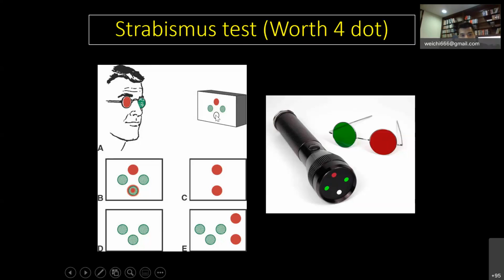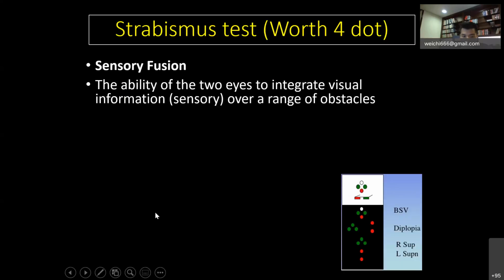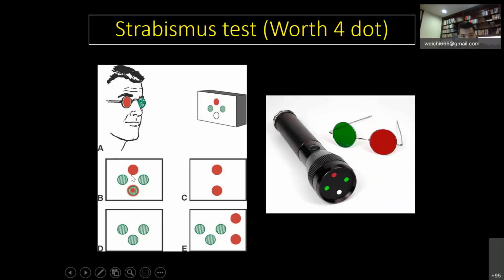Then the red color from the right eye is not seen, so he would only see the green lights. If he reports to you that he could only see 3 green lights, you would know that his right eye has a problem.